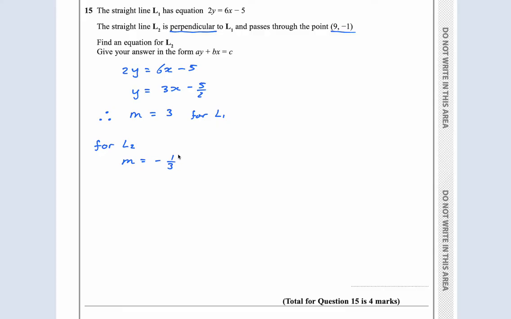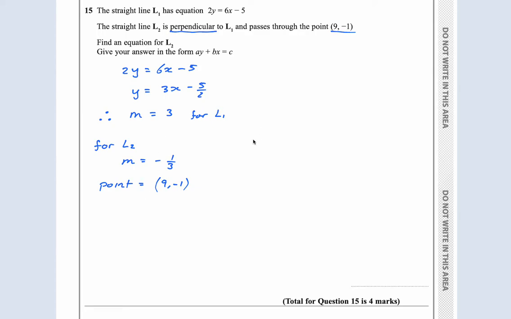So it's minus 1 over 3. Okay, now I have a point, so the point is 9, minus 1, and the gradient is minus 1 over 3. So I just need to find the equation of the line from this and this.